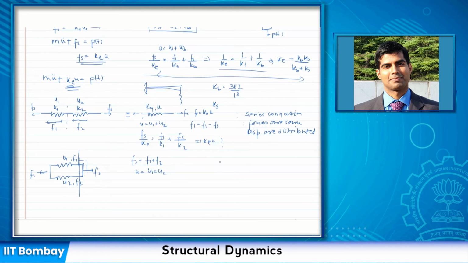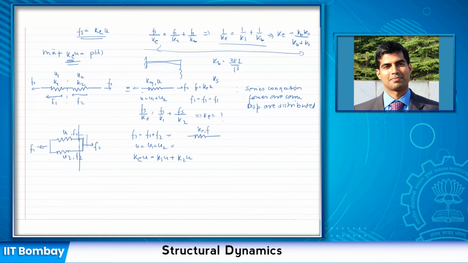So if I consider an equivalent system in which I am representing the same system with a force F, and equivalent stiffness as Ke, I can write that using these two, Fs is equal to Ke times U, which is the same displacement, as K1 times U plus K2 times U. So in this case, I get K equivalent as K1 plus K2. This is called parallel connection of the spring.